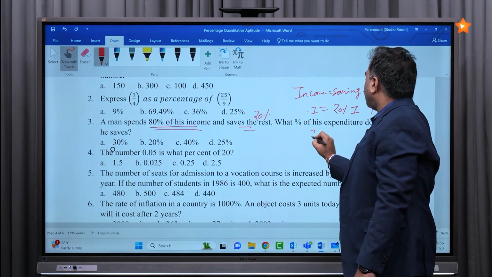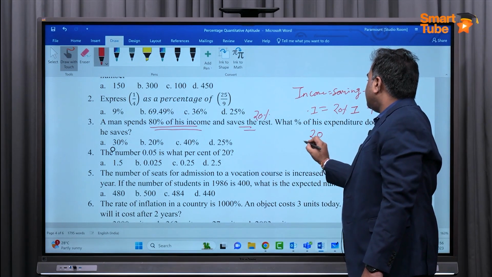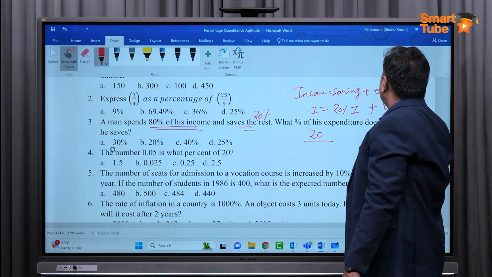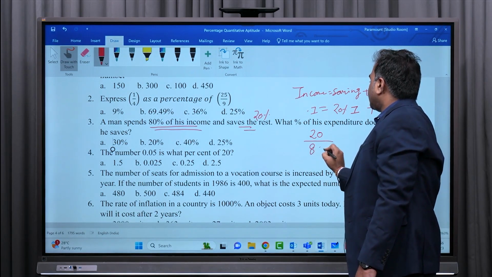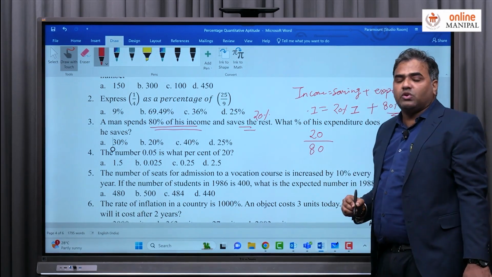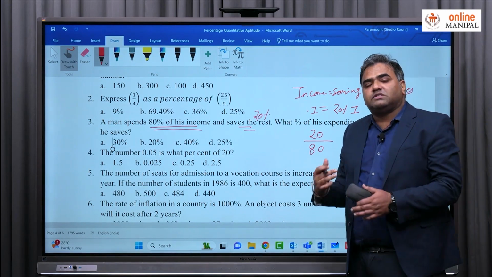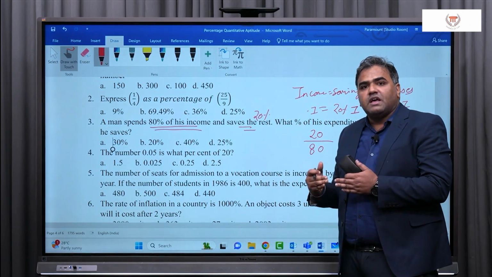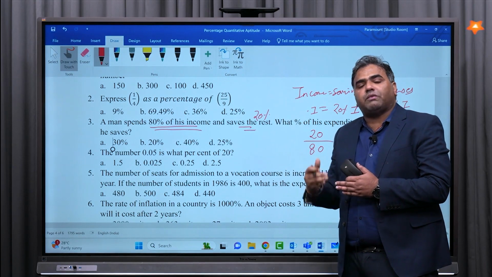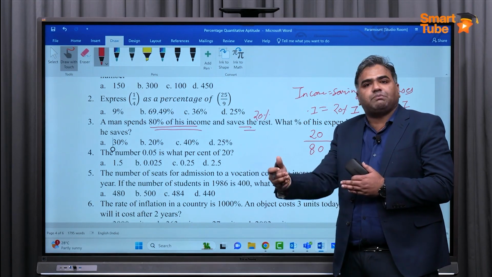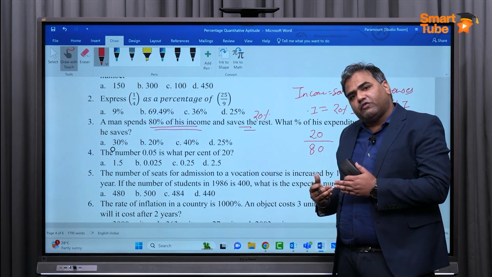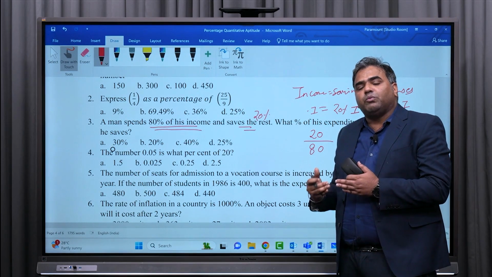Your expenditure is 80 rupees, right? I assume my income is 100 rupees and I have spent 80% of my income. So 80 rupees I have spent. So how much money is left with me? 20 rupees. So 20 rupees is my saving.